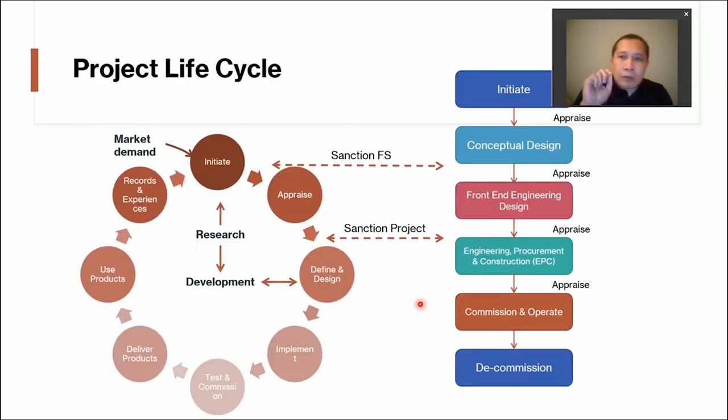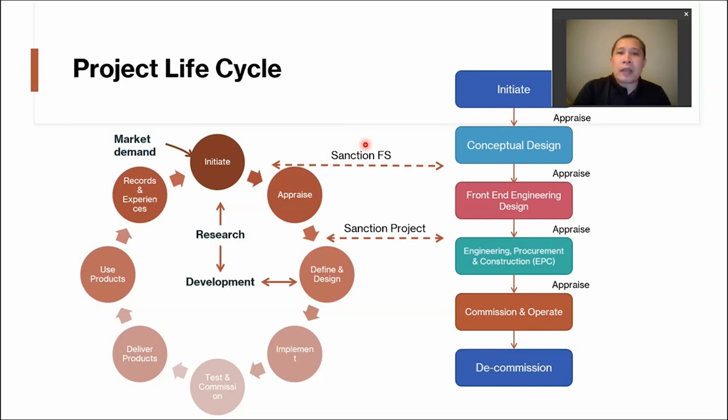Now, I will not go through a lot of detail in this graph. This simply tells you that a project life cycle is actually quite involved, starting from the initiation of the project, then conceptual design. If the initiation step produces a promising production concept, then it can move up to the feasibility study step.